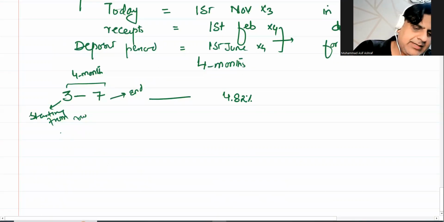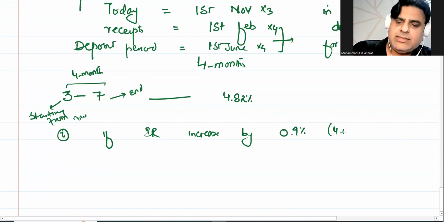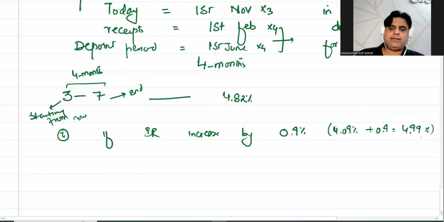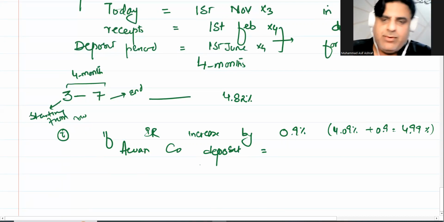So let's solve the first situation. If the interest rate increases by 0.9%, this will be 4.09 plus 0.9 equals 4.99%. Avanco can deposit at... Always remember, you cannot deposit at the market rate.